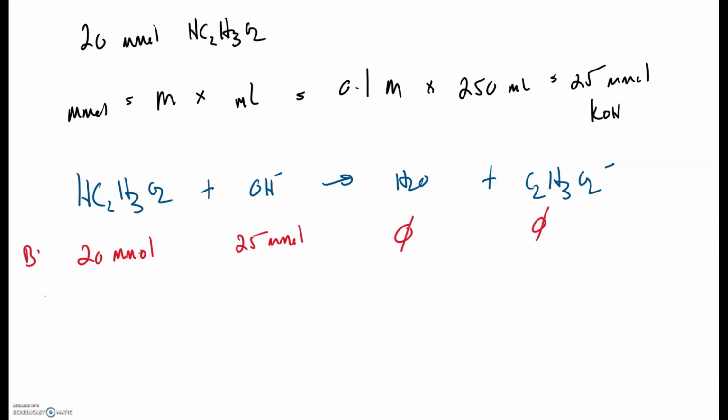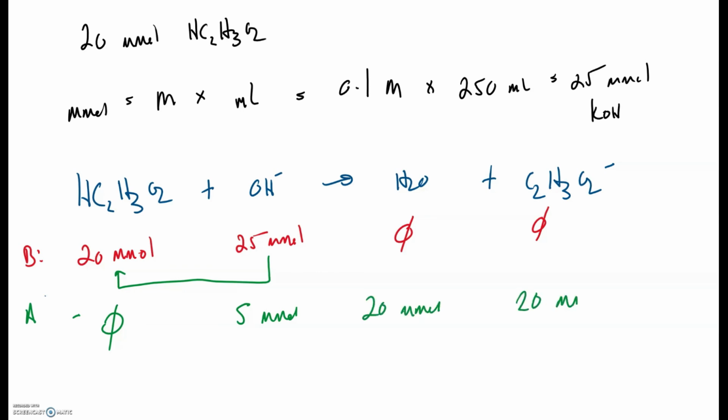Well, that's the before reaction. We know that when the reaction takes place, these guys are going to neutralize these guys. Well, there's only 20 millimoles to neutralize, so all those are gone. But there are still 5 millimoles of OH left over. We've made 20 millimoles of water. We've made 20 millimoles of acetate, but this guy is a wimp compared to this guy.